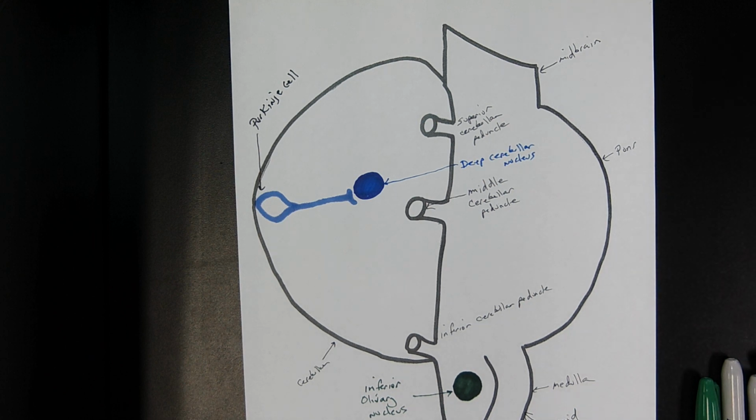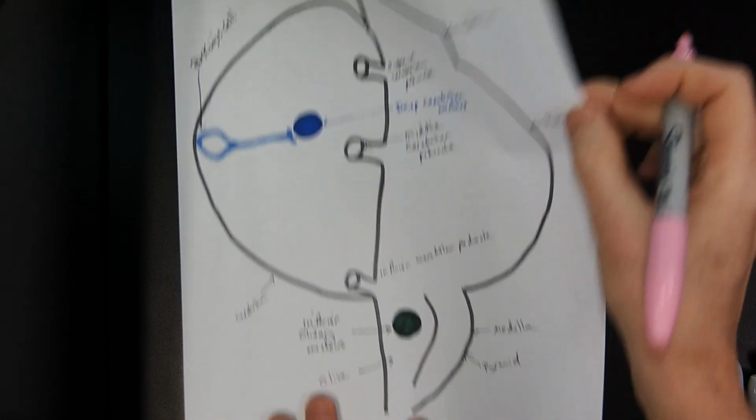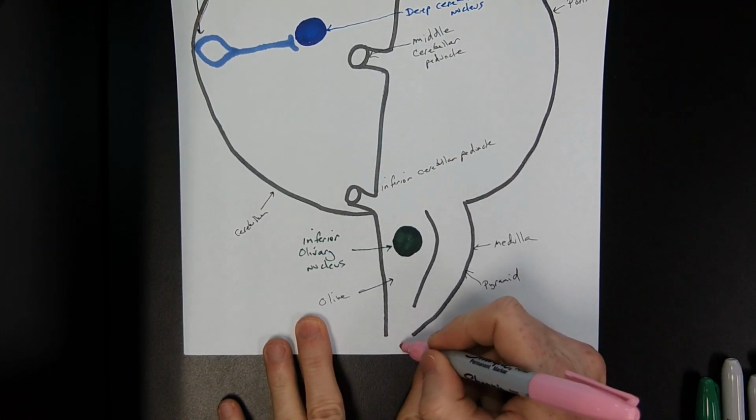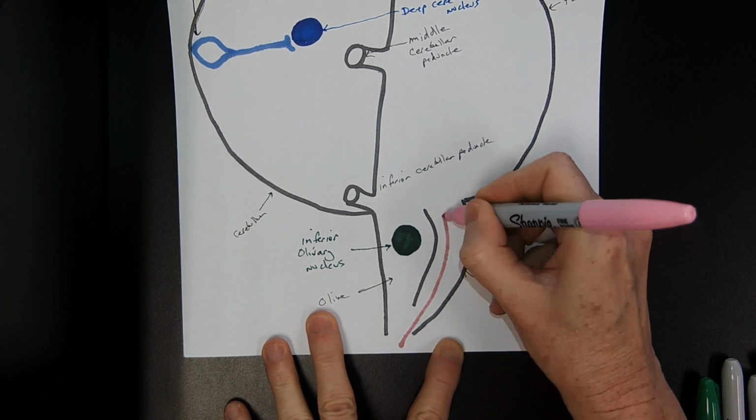Now there's one more thing to think about. We talked previously about the spinocerebellar fibers coming in, so there's dorsal and ventral. They come down from here. Think about coming in from the spinal cord. Okay, I have my dorsal spinocerebellar fibers coming in here.